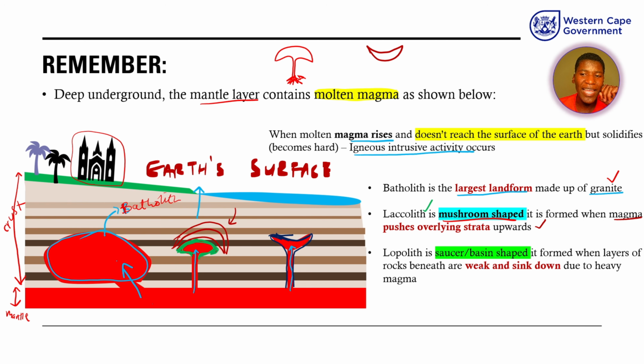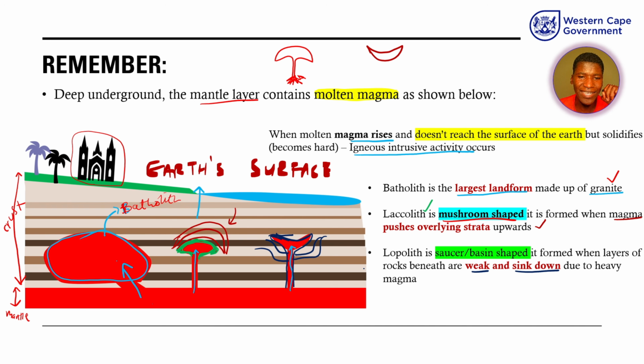This happens, or is formed, when the layers underneath are weak, and those layers sink down due to the heavy magma. The magma is so heavy that the layers of rock sink down.